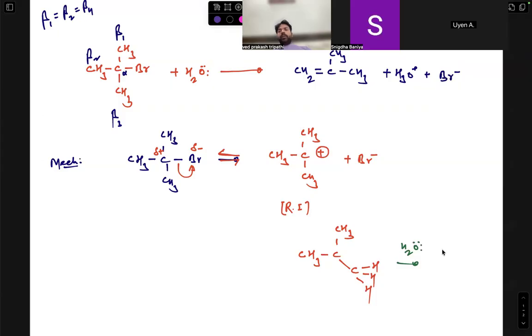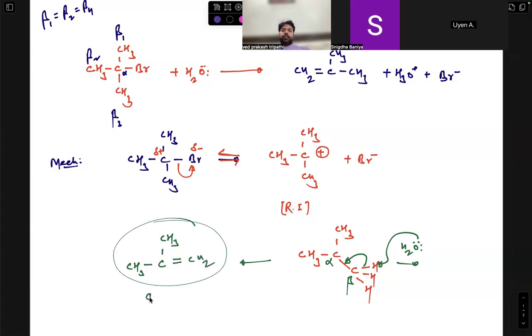The base property is to grab the hydrogen, the proton. Which proton? Beta proton. This is alpha and this one is beta. So the base is going to grab any of the beta hydrogen and it would donate the electron to this bond. So overall you have alkene, CH3, C, CH3, double bond CH2. So this would be my alkene.